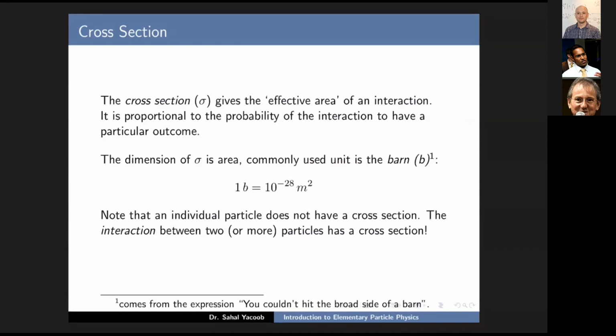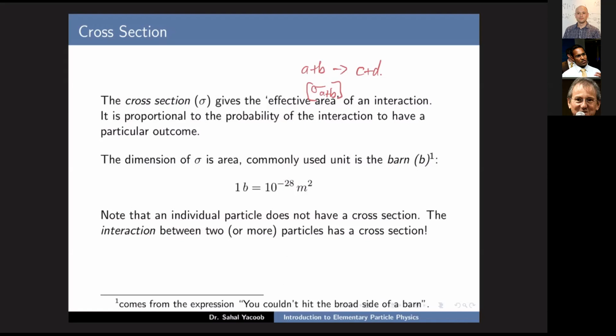We know probabilities must add up to 1. So if we add together the various cross-sections of something, and then we divide the cross-section for what we're looking for by that total. If we're looking for a particular process, let's say A plus B goes to C plus D, and we calculate the total cross-section for A plus B for something to happen, that's my notation for something to happen.